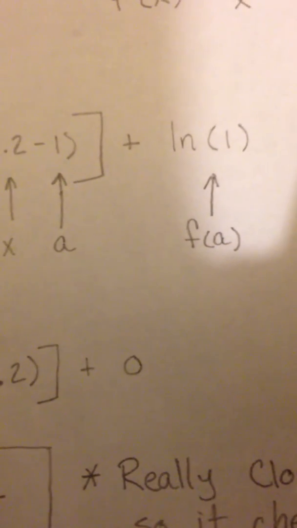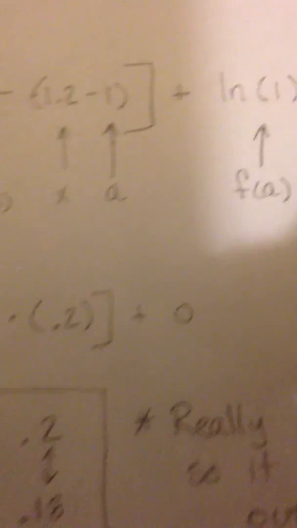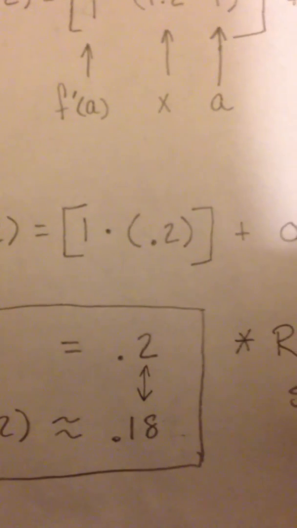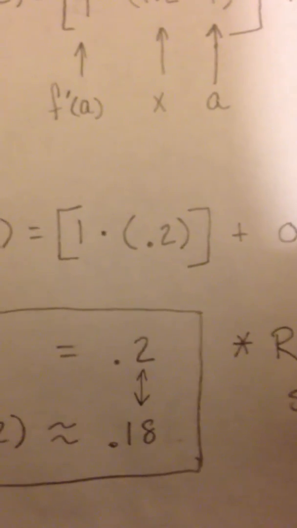Plus our ln of 1, which is our f(a), and that is equal to 0. So from there we have 1 times 0.2 plus 0, which gives us 0.2.